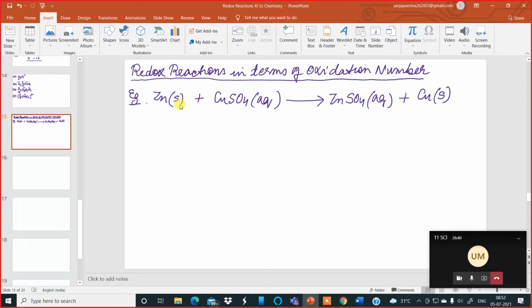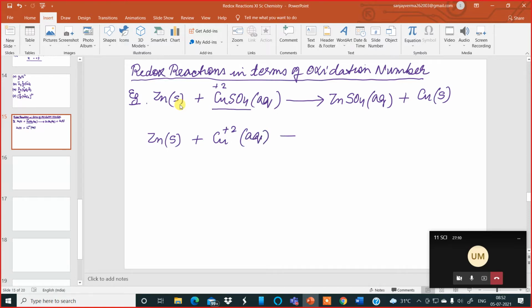Now this equation can be written in the ionic form as well. So I'll write this equation in the ionic form below. Zinc metal plus, from copper sulfate, the ion we are interested in is the metal ion. In copper sulfate, the oxidation number of copper is +2, so I'll write Cu +2 in aqueous solution.